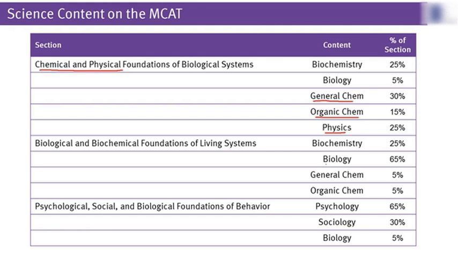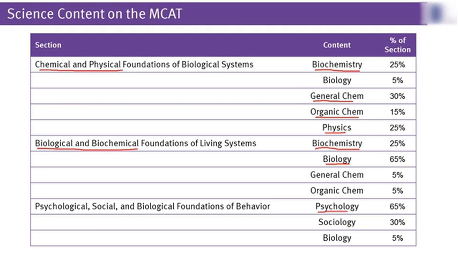You're going to see most of the biology focus on the Biological and Biochemical Foundations, or Biochem section. And you're going to see biochemistry on both of those 2 natural science sections. So even though it's only 25% of each section, it really does add up.